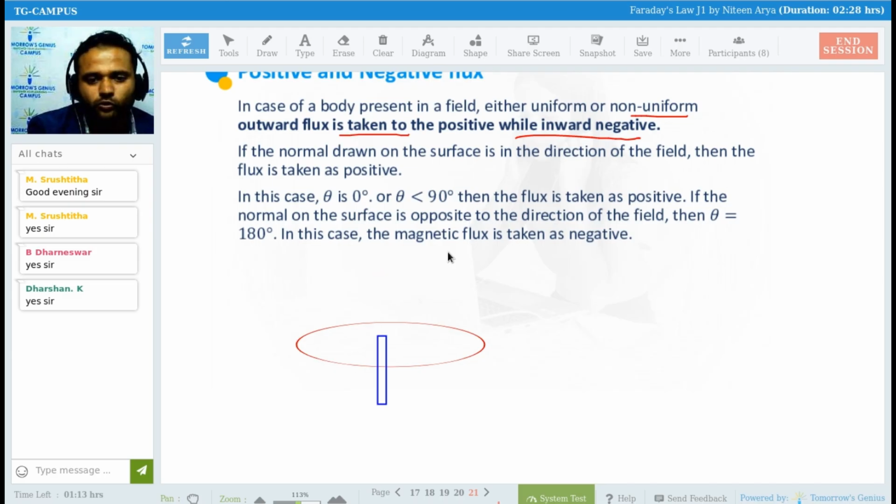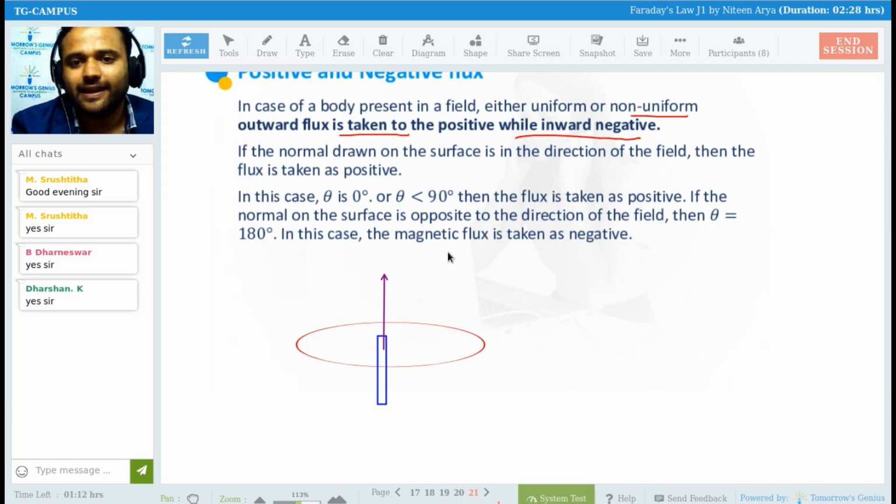So the flux is going to be outward. Suppose in this particular plane there is a ring, and my magnetic field is going to be upward. So obviously outward, or if my palm is the plane of paper and the magnet is going in this way, you can see that the magnetic flux is going to be positive.